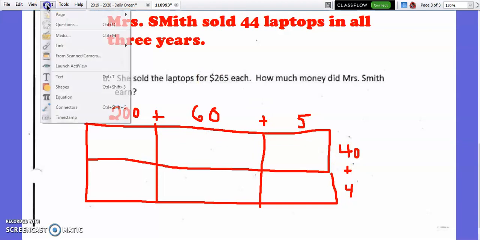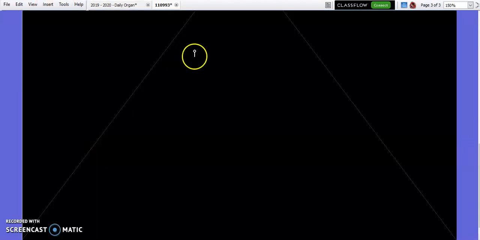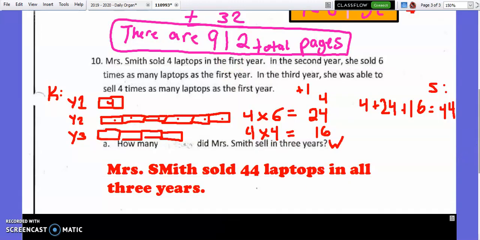I showed the students that when we are multiplying multi-digit numbers, you should cover up the bottom. The bottom will then just kind of get in your way and can confuse you.